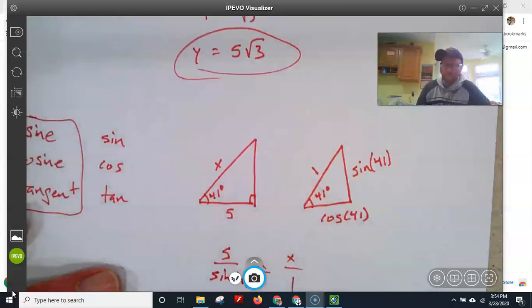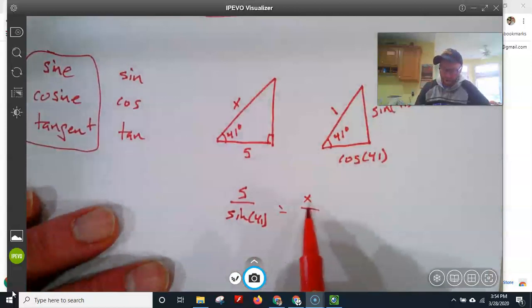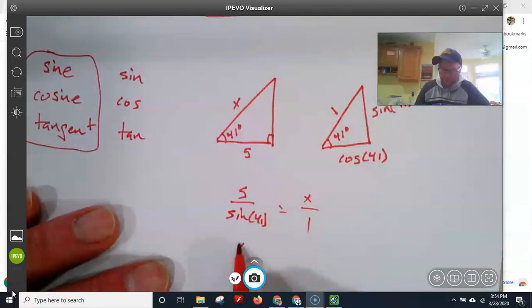There you go. Then it's cross multiply. When I cross multiply, I end up with x times sine of 41 degrees equals 5 times 1. And then I divide, x equals 5 over sine of 41 degrees.